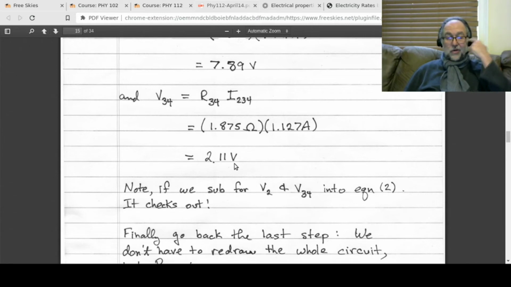Now, because the voltage drop across both of them has to be 10 volts, you can check. If I add 7.89 volts plus 2.11 volts, do you get 10? It does, so it works out. Everything's consistent. Great, we're almost done.